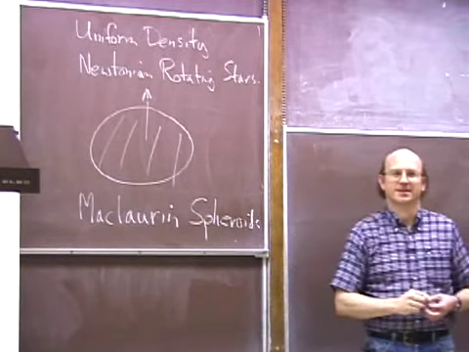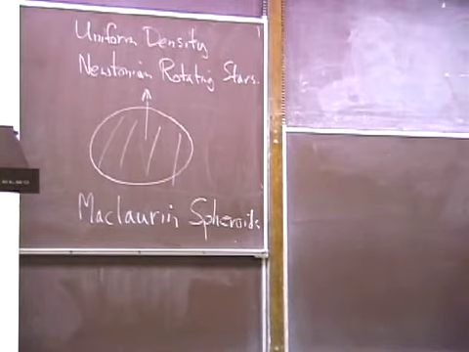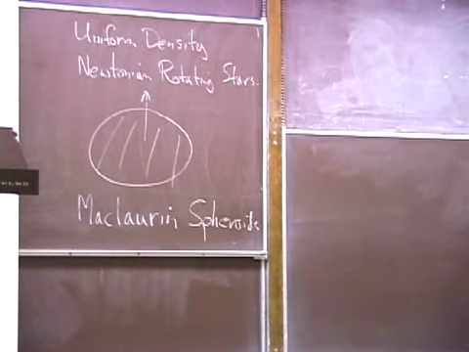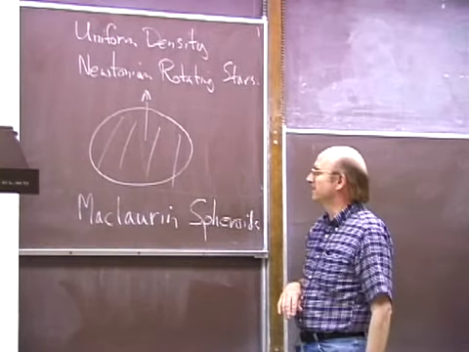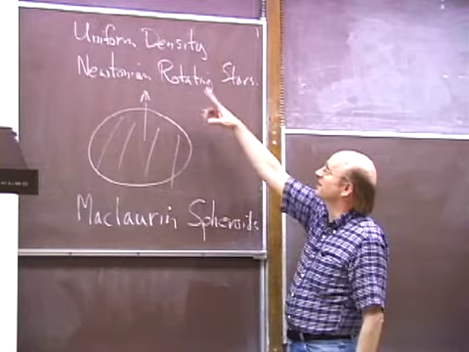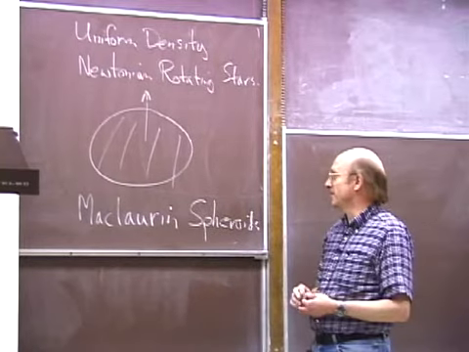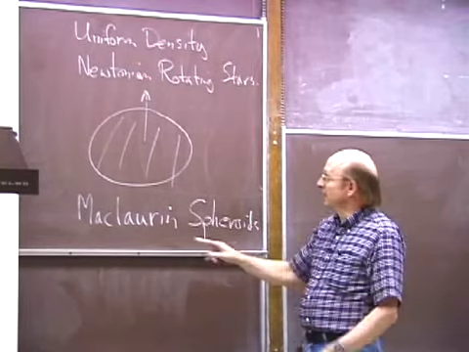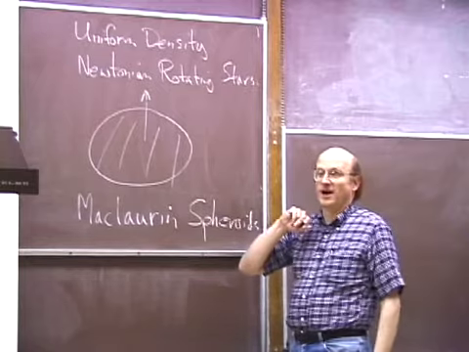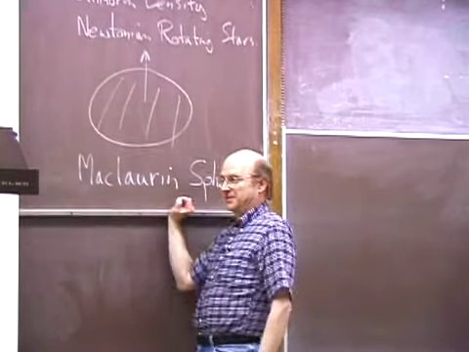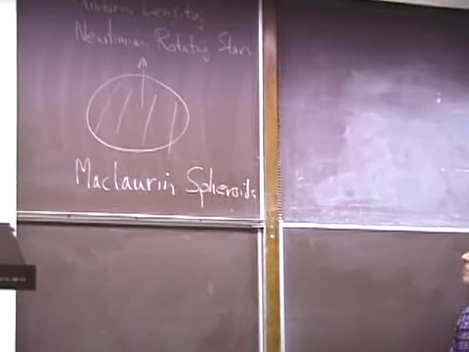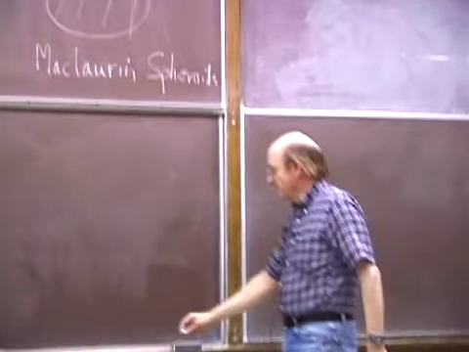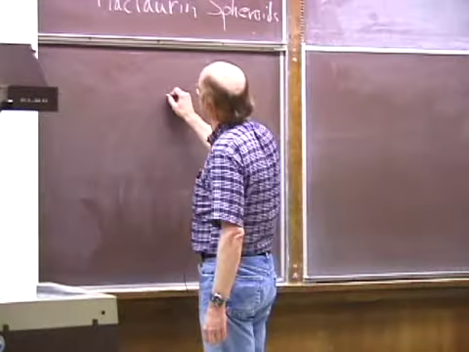Maclaurin was a Scottish mathematician from the 1700s, who first wrote down the solutions of the self-gravitating hydrodynamic equations for them. The stability of these was first determined by Riemann, the same Riemann as in the Riemann tensor, and he looked at the modes of these.